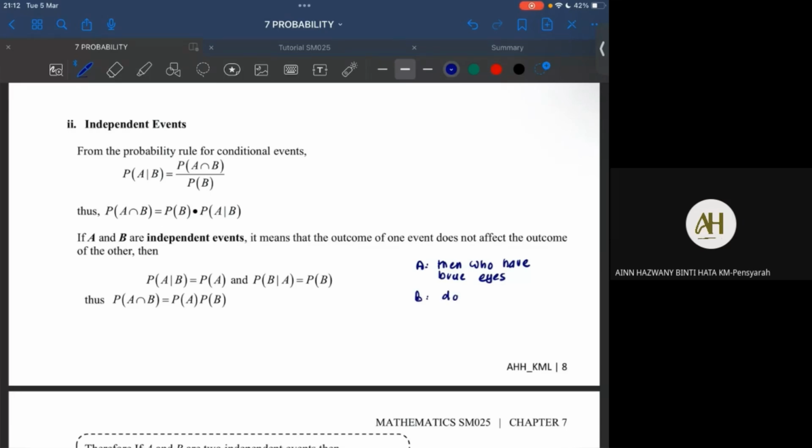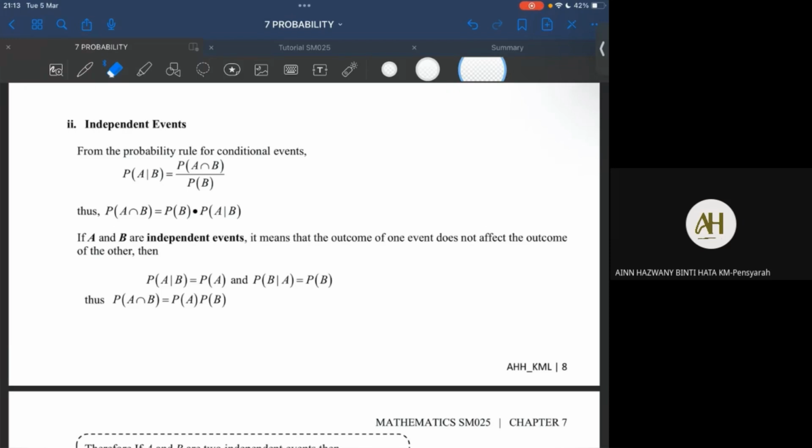A doctor contoh. Okay, contoh. Dua event ni does not affect the other. Contoh, a doctor who has blue eyes. Satu lagi event ialah dia doktor lah, okay. So it doesn't affect pun, dia ada blue eyes ataupun tidak, does not affect this event. Itu antara contoh-contohnya lah. Contohnya lagi mungkin, sekejap, tak keluar pula saya punya idea.